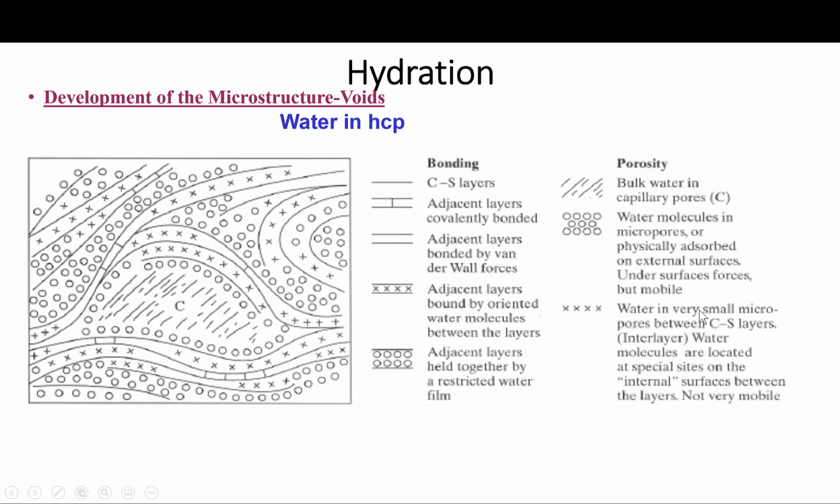And this is the water in very small micropores between the calcium silicate layers, called interlayer water molecules, which are located at special sites in the internal surface between the layers, but not very mobile. So we talked about this before, so let's continue.